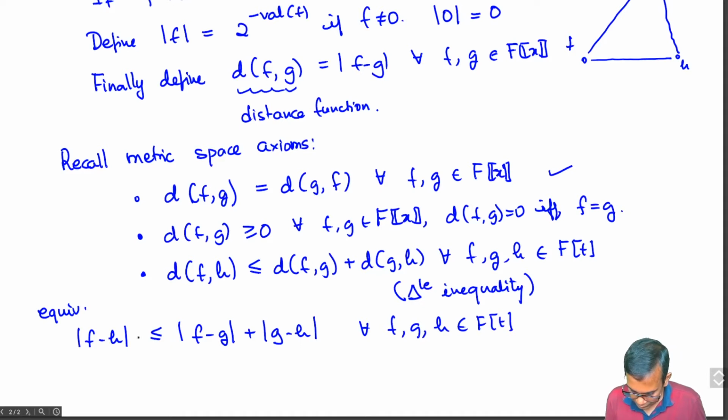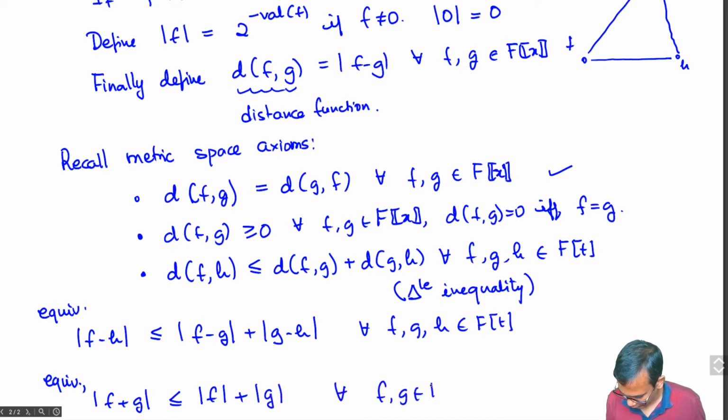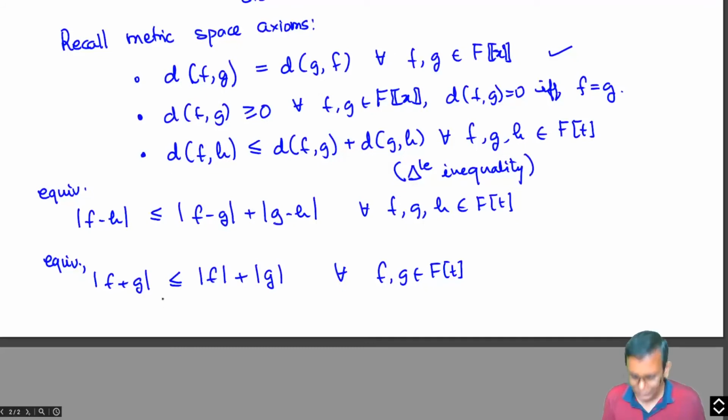And this is equivalent to the norm of f plus g being less than or equal to the norm of f plus the norm of g for all f, g in F[[x]]. So you can rewrite this in this form. And so this is what we need to prove.